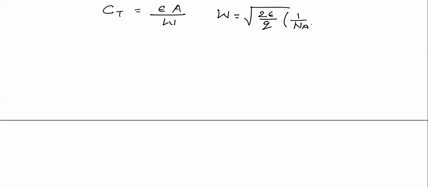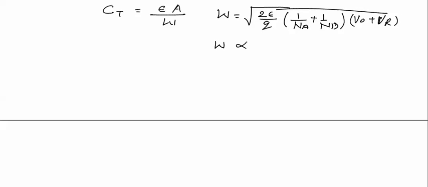Now, transition capacitance CT equals epsilon A by W, and we know that the depletion layer width W is the square root of 2 epsilon upon Q into (1 upon Na plus 1 upon Nd) into (V naught plus VR), where VR is the reverse bias voltage.